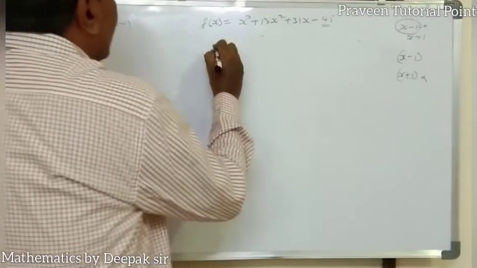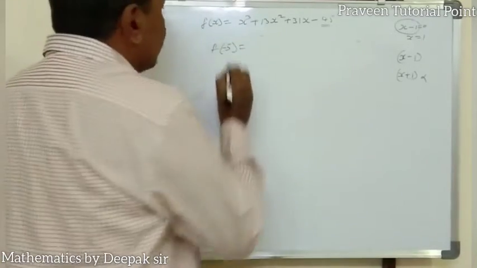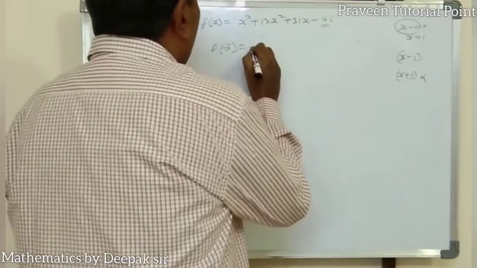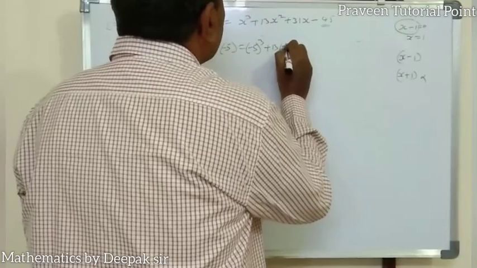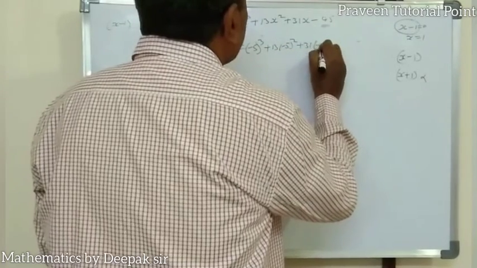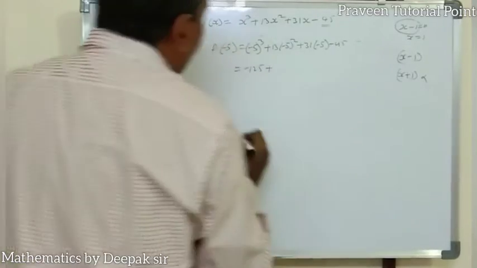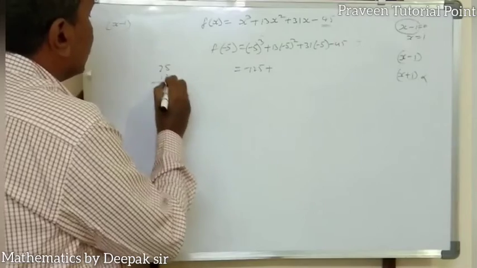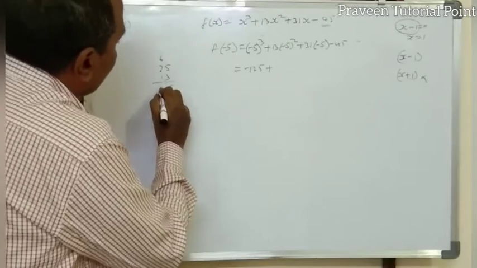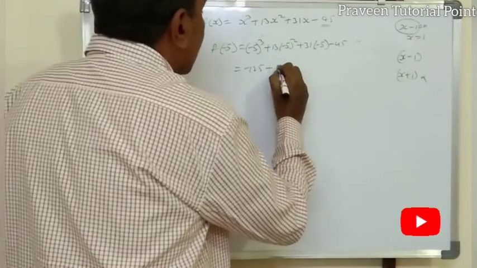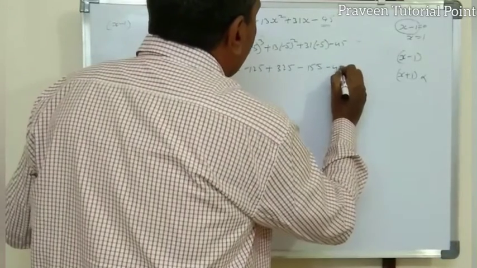Now we will take f of 5 or f of minus 5. First we will take the negative value. Minus 5 whole cube plus 13 into minus 5 whole square plus 31 into minus 5 minus 45. That is minus 125, plus 25 into 13, which is 325, minus 155, minus 45.